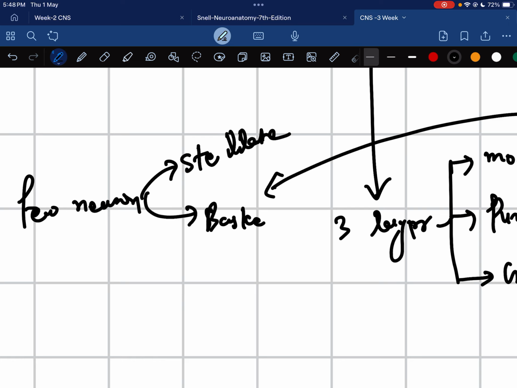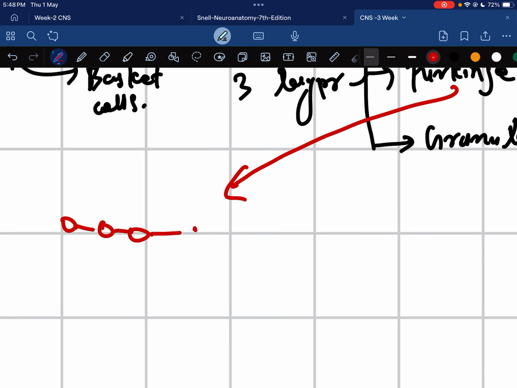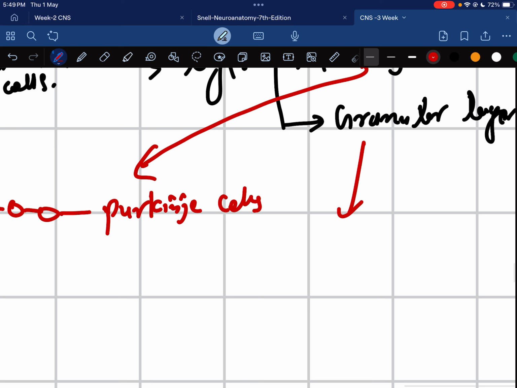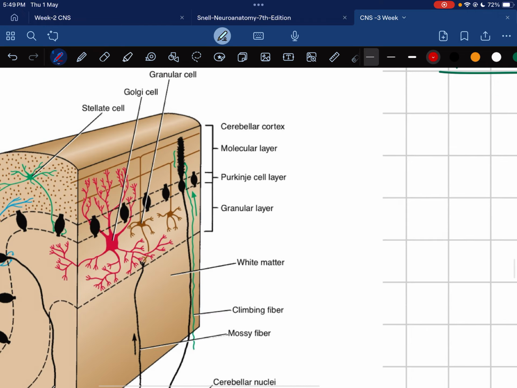In the Purkinje cell layer there is one row of Purkinje cells, and in the granular layer there are densely packed granular cells. We can look at this image.